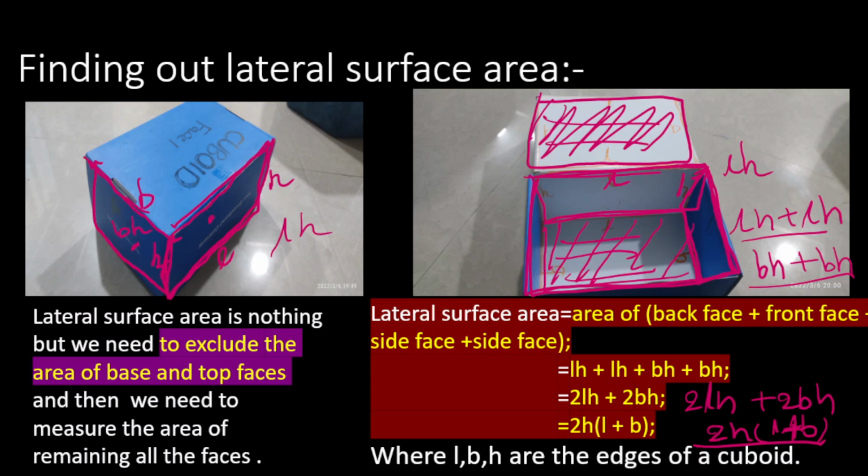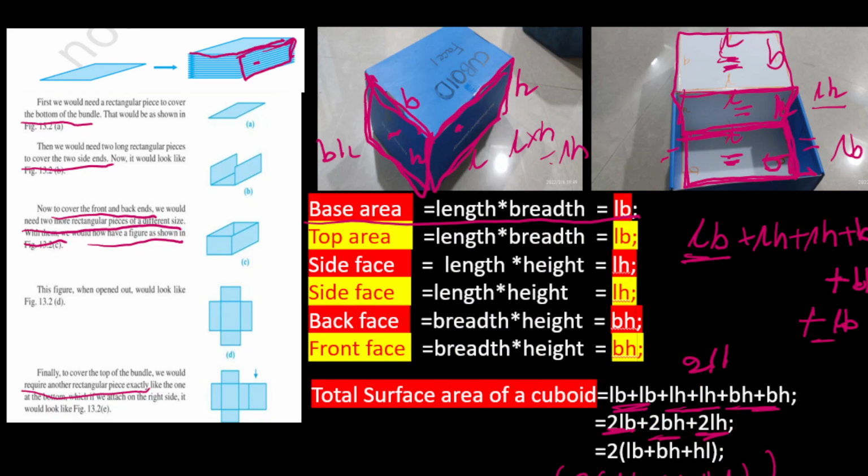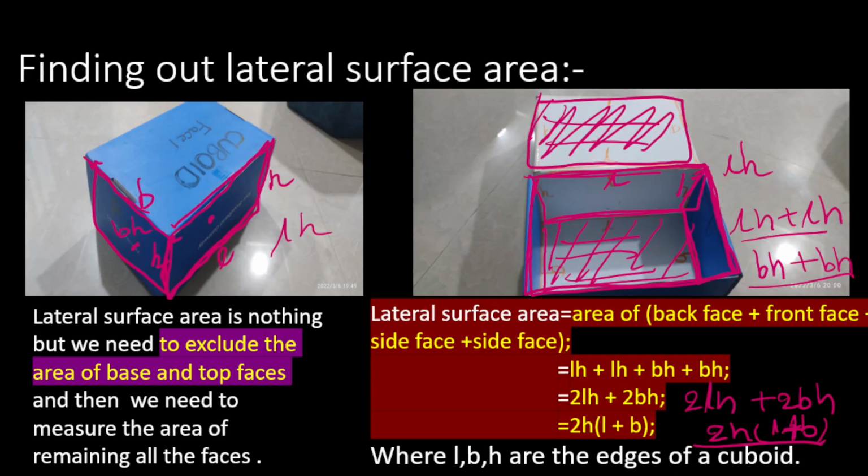The total surface area of the cuboid is 2 into LB plus BH plus HL, whereas the lateral surface area is 2H into L plus B. And this is about the surface area of the cuboid.